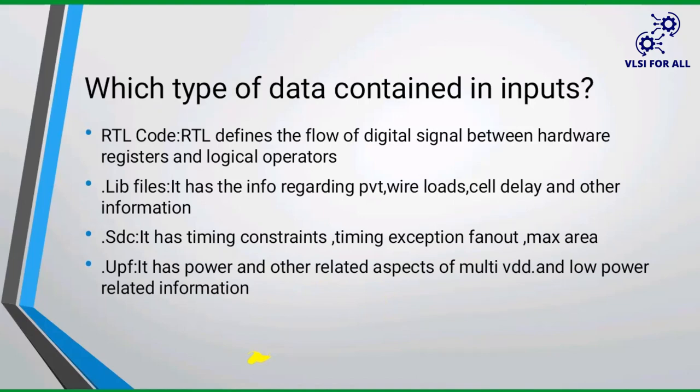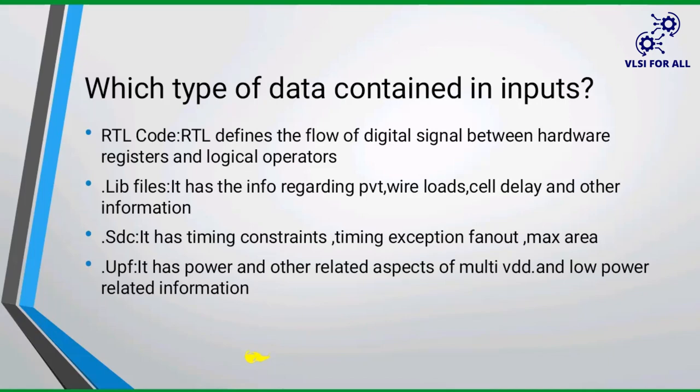The next input I told you is the lib file. The lib file is the library file. What does it contain? It contains information regarding PVT, cells, wires, cell delays, and other information. Next, what does SDC contain? SDC contains timing constraints, timing exceptions, fanouts, maximum area, LVT cells, SVT cells, and more.